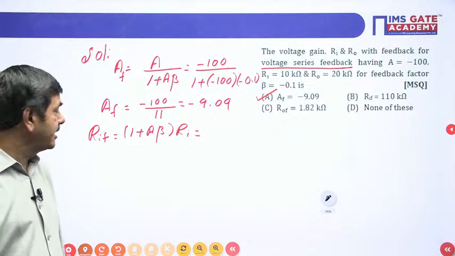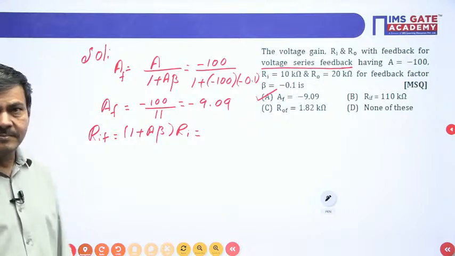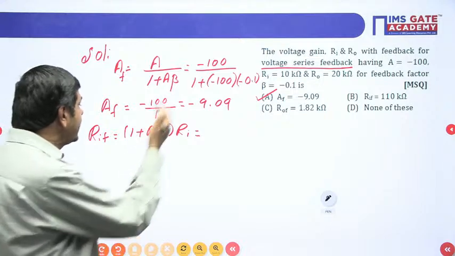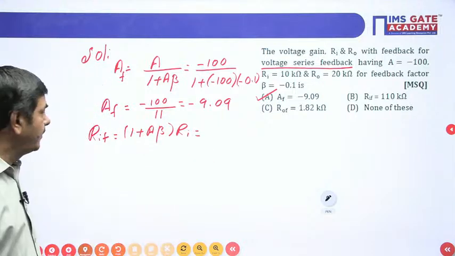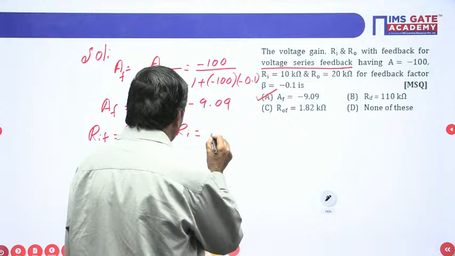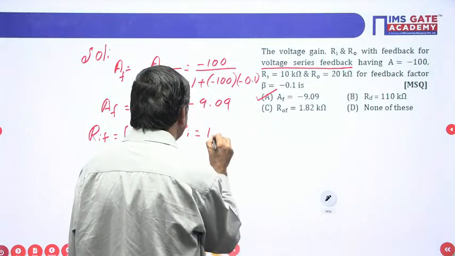For voltage series feedback, input impedance will be increased and output impedance will be decreased. Increase means product, decrease means divided. 1 plus A beta is 11 here, so this is 11 into RI.